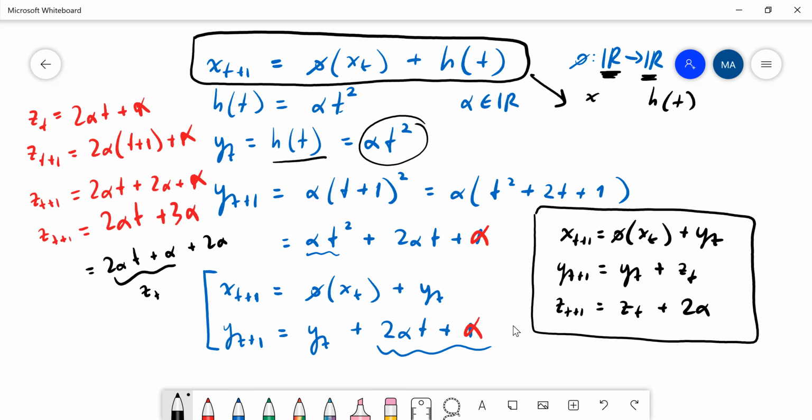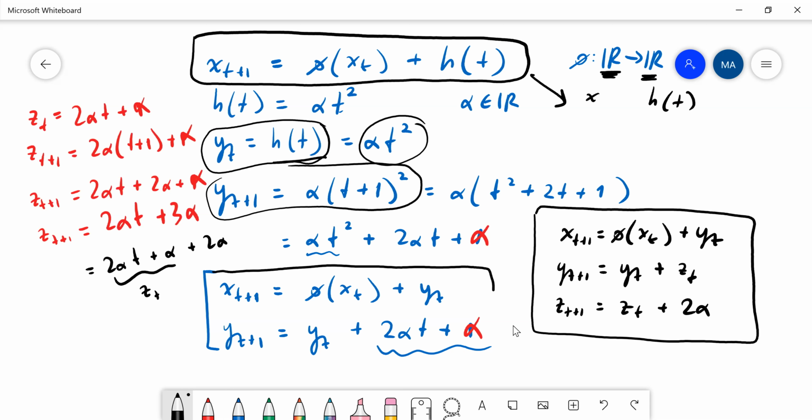Now we try to make this autonomous by defining this new variable and understanding the dynamics of it. But we realized the extended system is still non-autonomous. So we define another variable to make it finally autonomous.